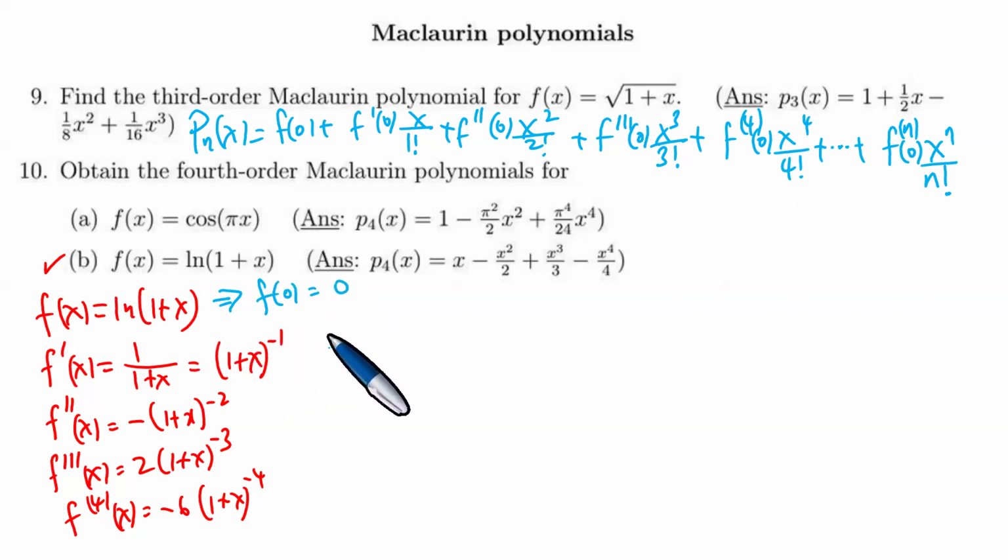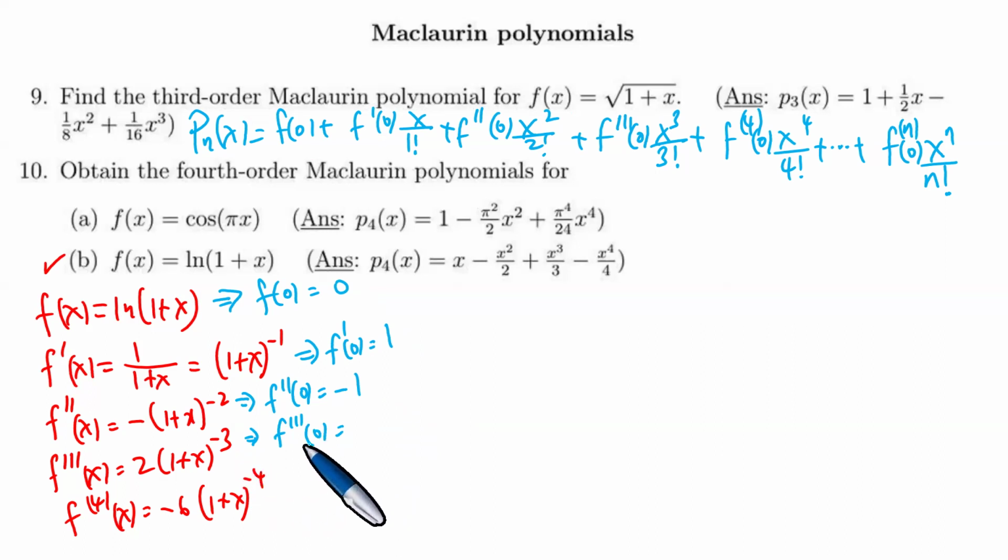F of 0 is 0. F prime of 0 is 1. Just put the zeros everywhere. F double prime of 0 is minus 1. The third derivative, f triple prime of 0, is a 2. F quadruple prime of 0 is a minus 6.